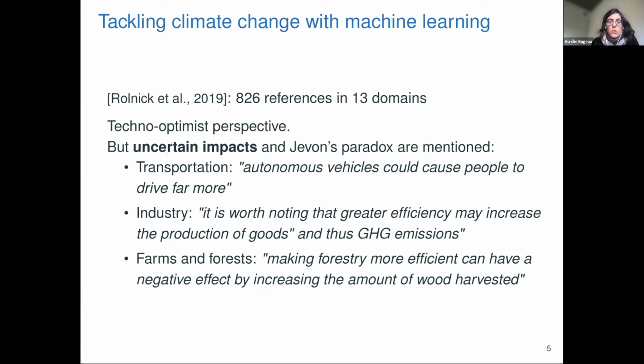In industry, it is worth noting that greater efficiency may increase the production of goods and thus increase greenhouse gas emissions. Regarding farms and forests, making forestry more efficient can have a negative effect by increasing the amount of wood harvested. So there are rebound effects mentioned in this paper, even if globally it is said that AI can help tackle climate change.